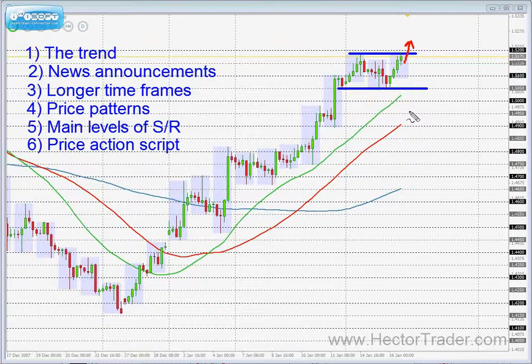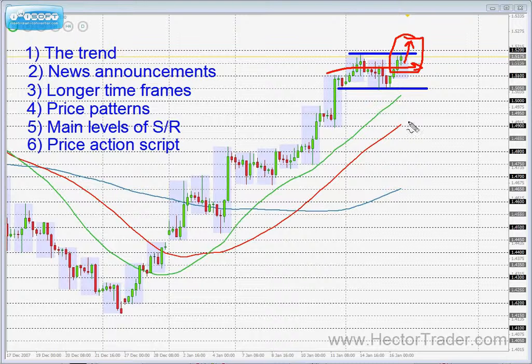I want to see a very particular pattern that I like to trade when it comes to sideways ranges, or rather, the breakout of those sideways moving ranges. But like I said, I don't want to get into that. That's all explained in detail in chapter number 2. However, what I want to see is a breakout to the upside.